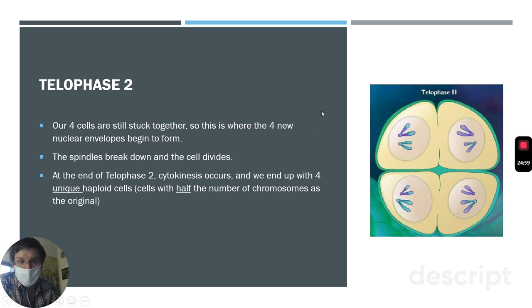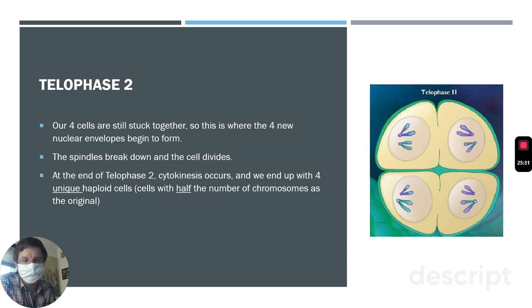During telophase 2, keeping in mind this is all part of a cycle, we started with 1 cell, and now we're ending up with 4. During telophase 2, nuclear envelopes begin to form around each set of chromosomes. I can almost guarantee you for your test, they are going to ask you how many chromosomes are in each cell at the end of meiosis, and you're going to say half the amount of the original. This happens in every human being.